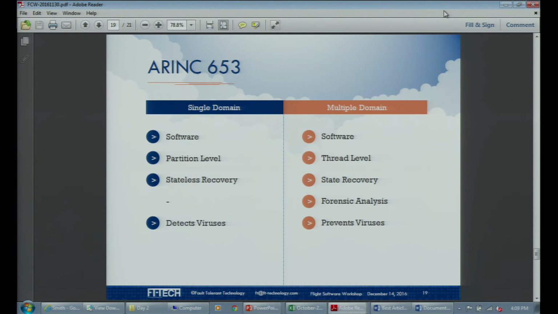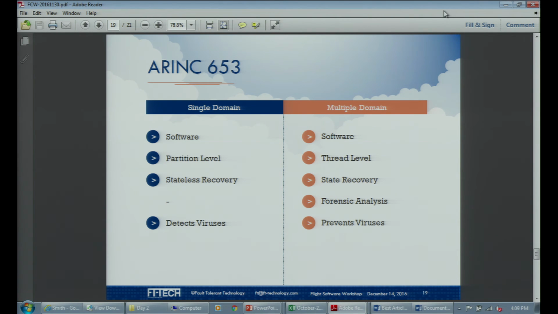A multi-domain system is an immutable system, which means that it always knows the state of the system. So you can have a software failure in that state, and it can recover from it because it always knows the state of the system. Not only that, but if you have a software problem, you can replay it up to the point of the failure. Even a virus attack, you can replay it up to the point of a virus attack.